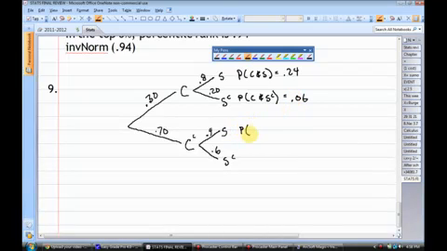Over here, the probability of not calculus yet took science, 0.7 times 0.4, which is 0.28. So 28% of the student body did not take calculus, but also took science. And then over here, the probability of did not take science and did not take calculus, 0.42. Wow, that's a lot of people.